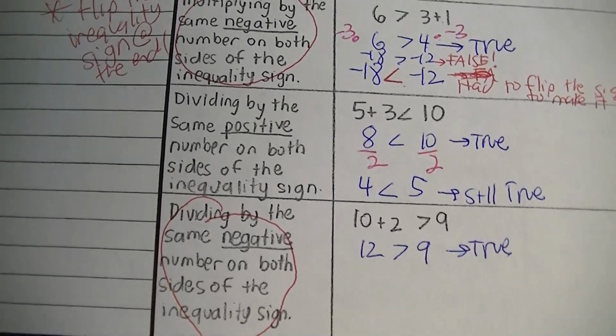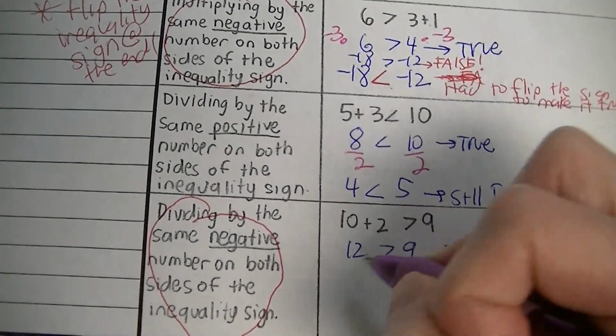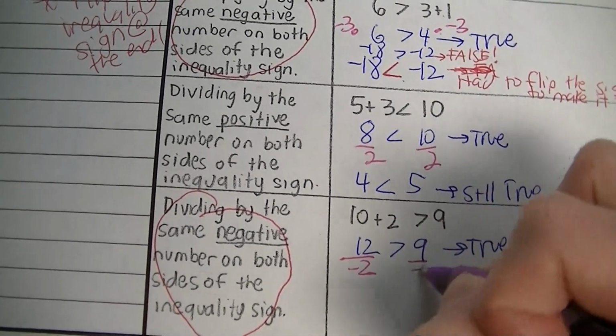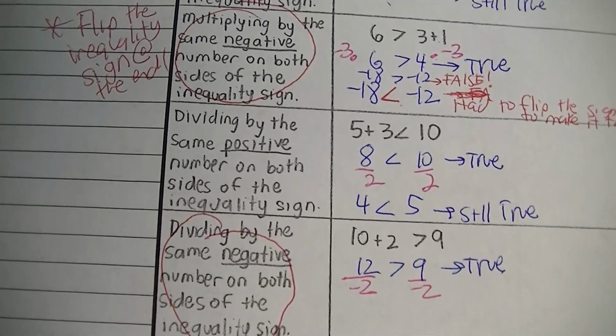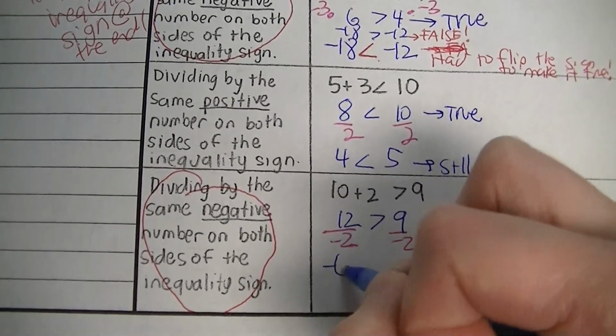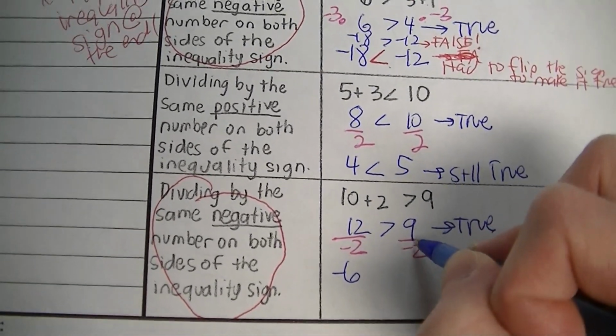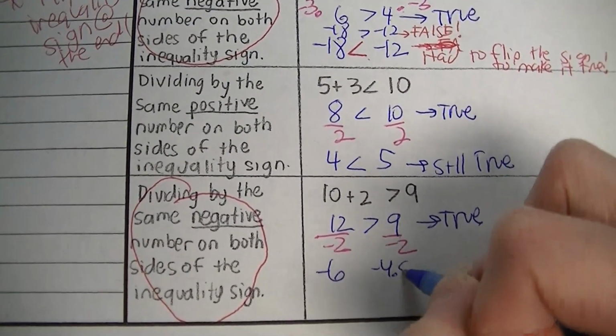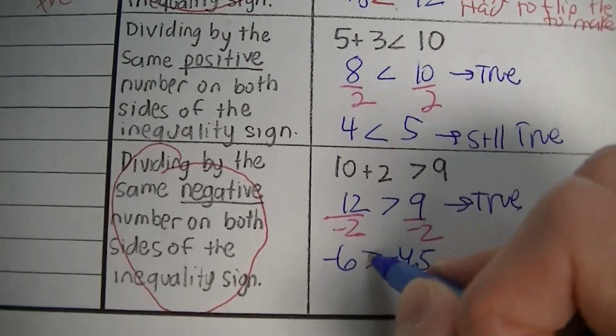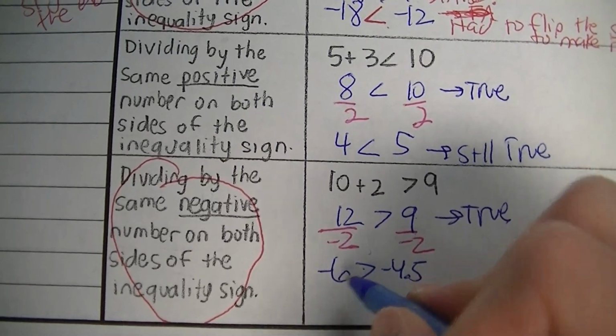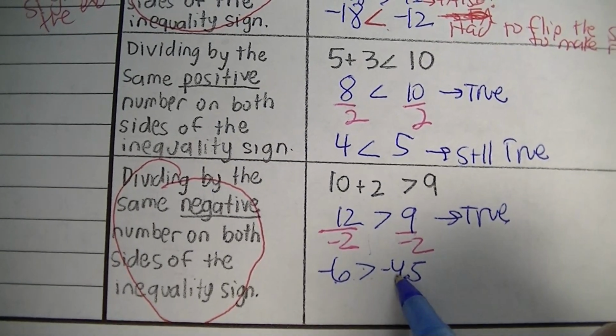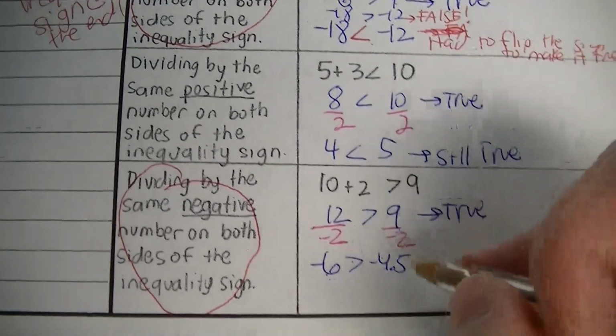Okay, so now we're going to divide by the same negative number on both sides. Let's divide by negative 2. Divide by negative 2, divide by negative 2. So 12 divided by negative 2 is negative 6. 9 divided by negative 2 is negative 4 and 5 tenths. So let's see, follow the sign. Is that true? Is negative 6 bigger than negative 4 1/2? No way, that's false.